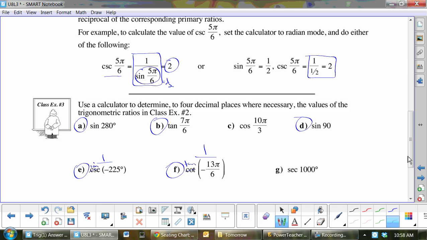Let's just see if you can trust your own. Okay, just one more minute. Just write it down to 4 decimal places.